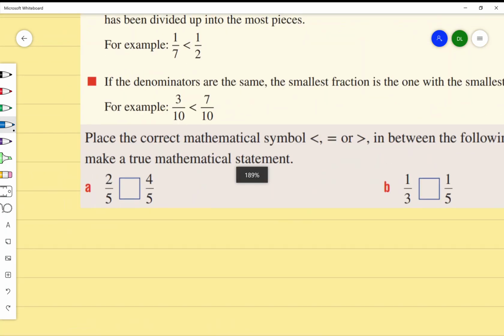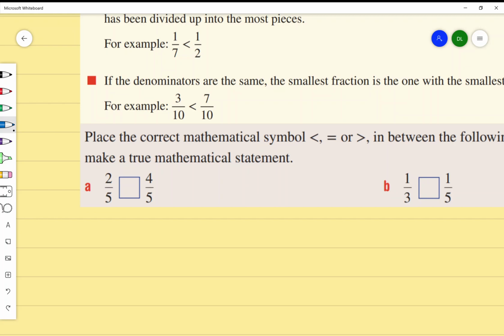So 2 over 5 and 4 over 5. Pretty straightforward. 2 over 5 bigger or 4 over 5 bigger? Xavier. 4 over 5. Why? Because the numerator is bigger. Good. So if I label this 1, 2, 3, which symbol am I using in this situation?